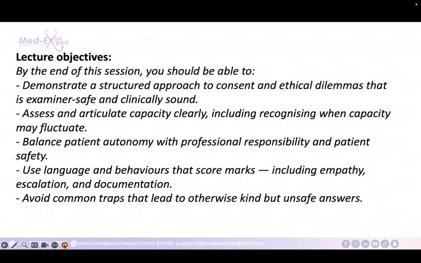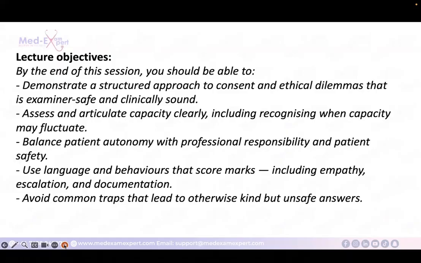And use layman language and behaviors that score marks for you in these types of scenarios, including your empathy, escalation, and documentation, and avoid the common traps that lead to otherwise kind but unsafe answers. And I must tell you that examiners love it when candidates sound like they know what the station is testing.